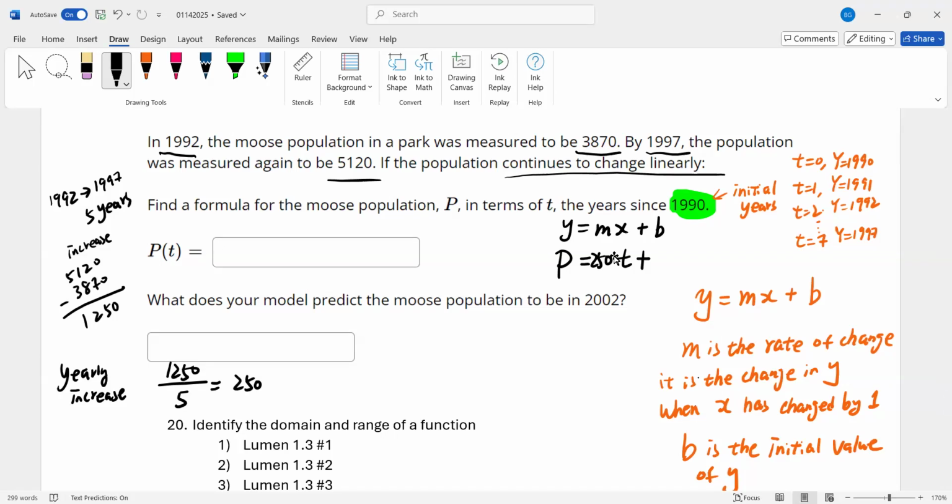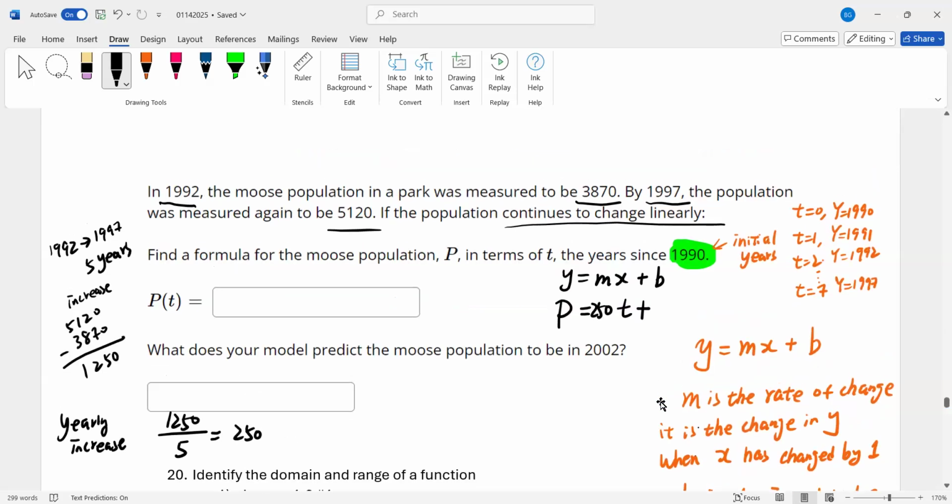Is the information given? Yes, in 1990 that's where T equals 0. But B here is the population of the moose in 1990.